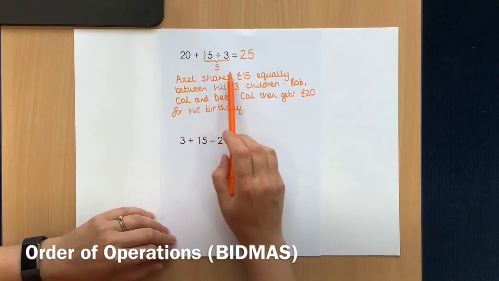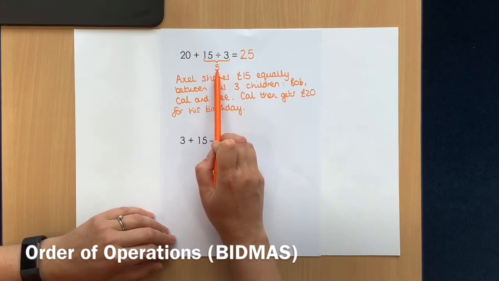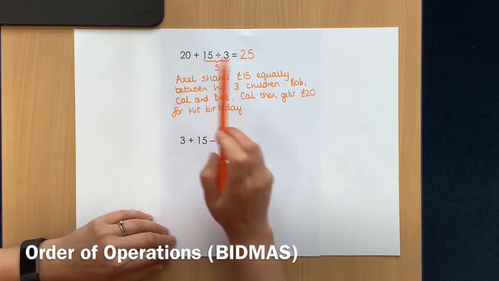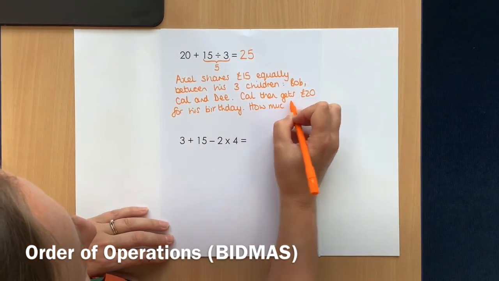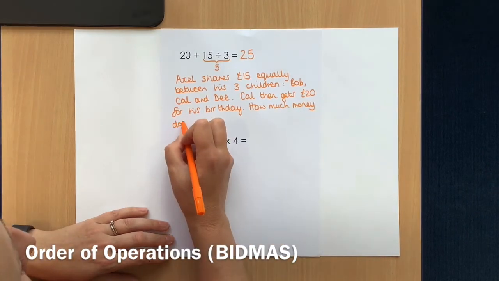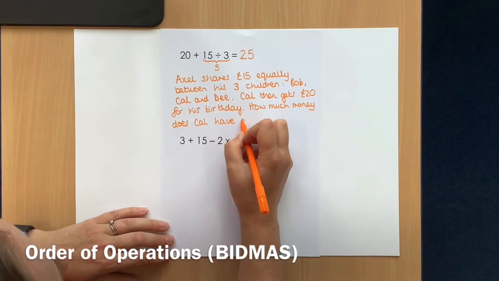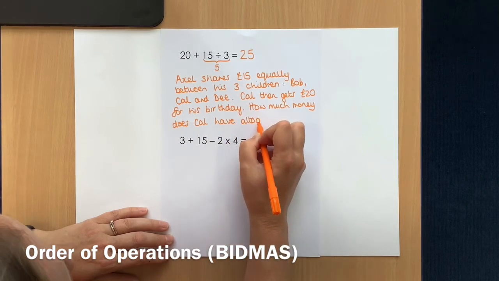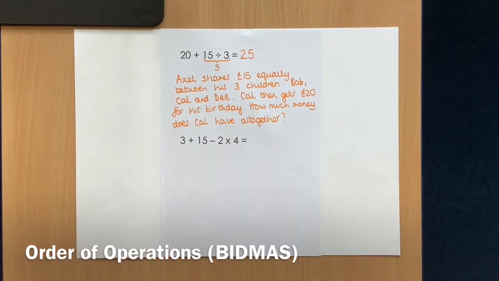So Axel shares £15 equally between his 3 children. That's good, that takes us there. Cal then gets £20. How much money does Cal have altogether?